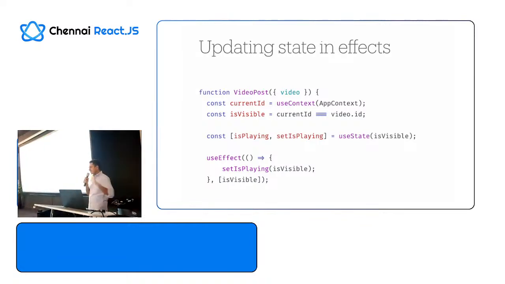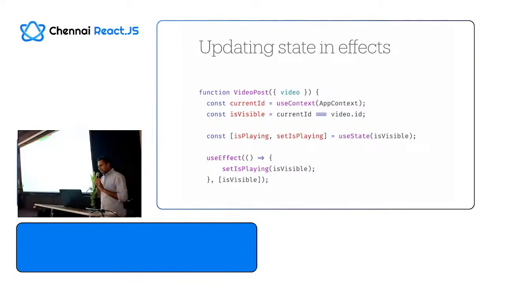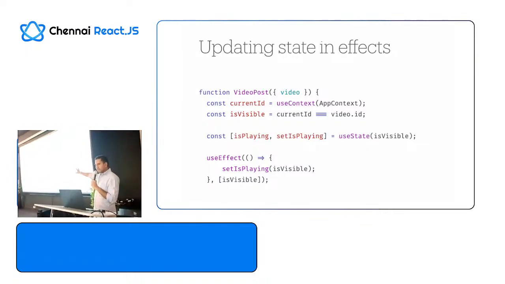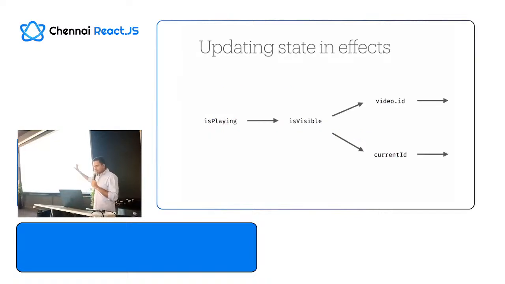Right? It seems okay, but there's actually a lot of issues here. The main reason people do this is they want this component to re-render when is visible changes. That's the reason to have state. Right? When state changes, we want to re-render. But let's think more about how this value is derived.